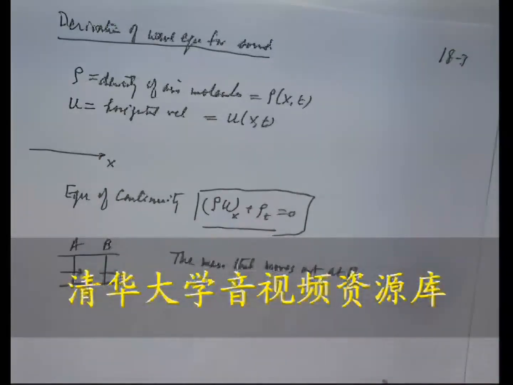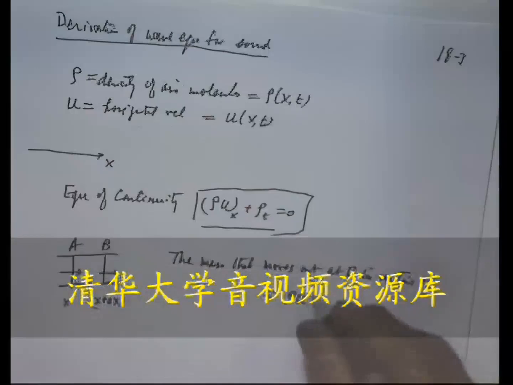The mass that moves out at B is equal to what? This point I call x, this point I call x plus delta x. In unit time, in time delta t, it is rho u A delta t at x plus delta x.